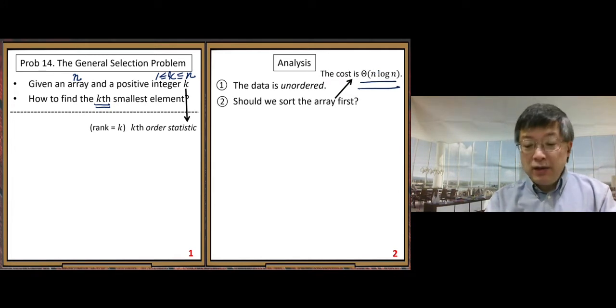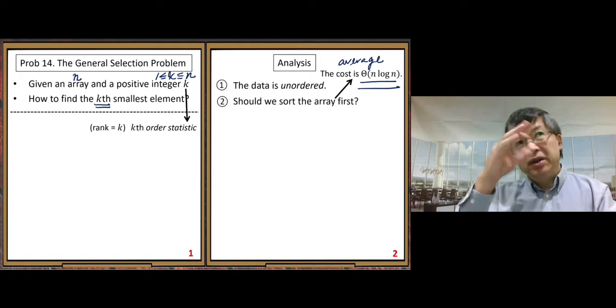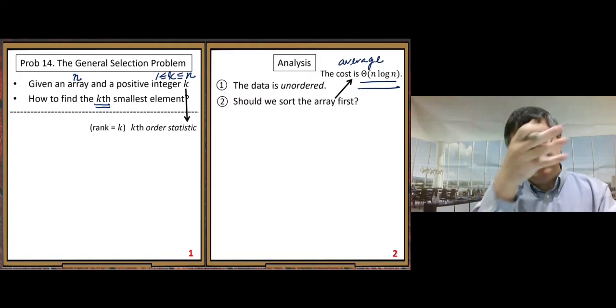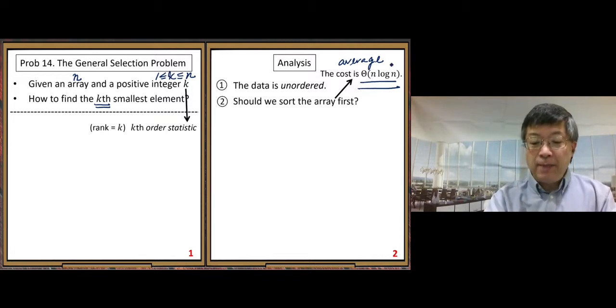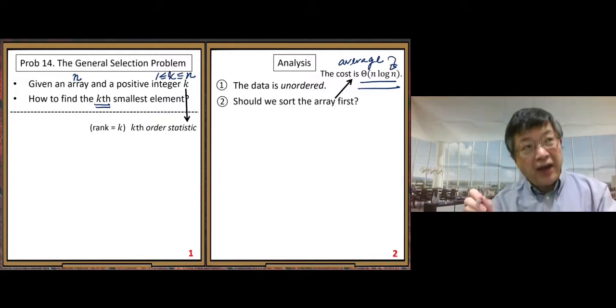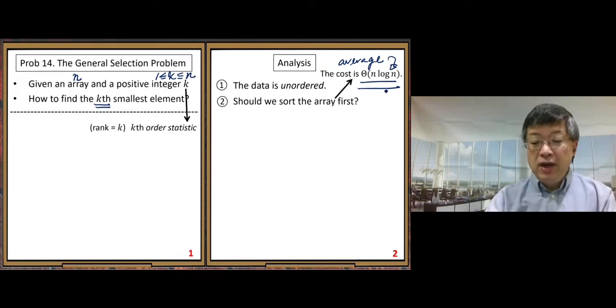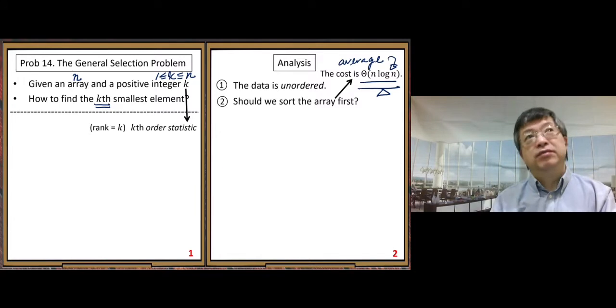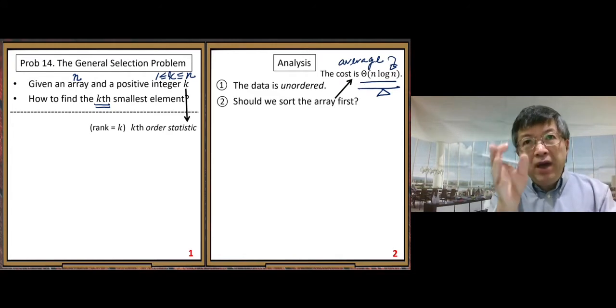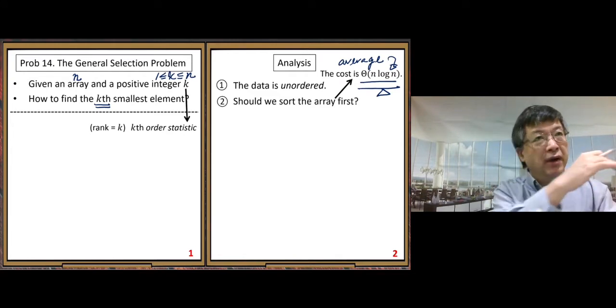So to be safe, let's just say average case, because the worst case could have different answers. In the average case, the best we can get is this much. You cannot do better than this. It can be proved. So you have to pay this much to get the array sorted.